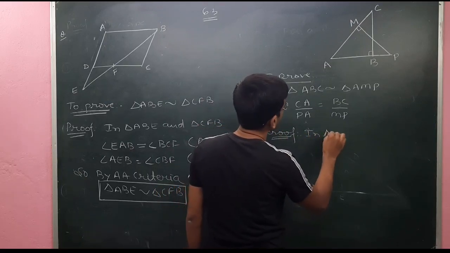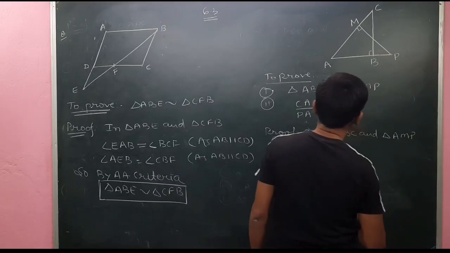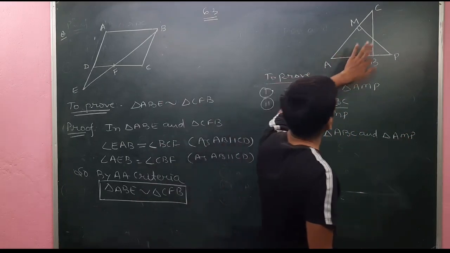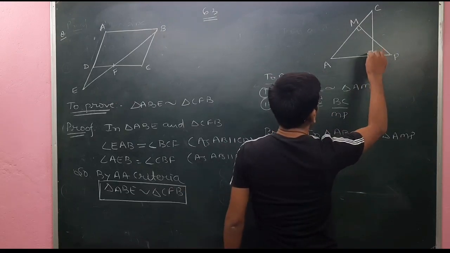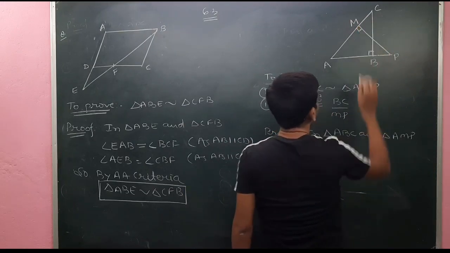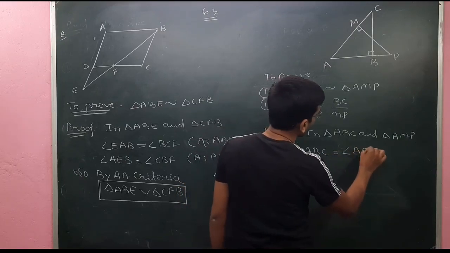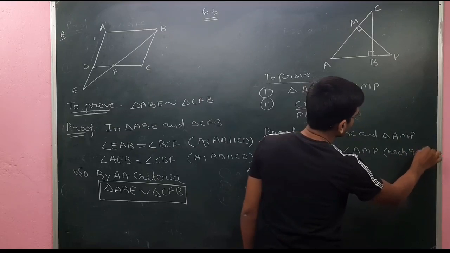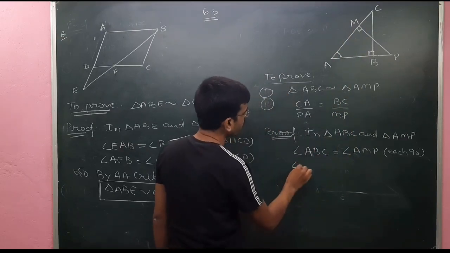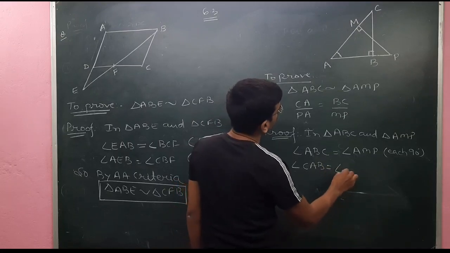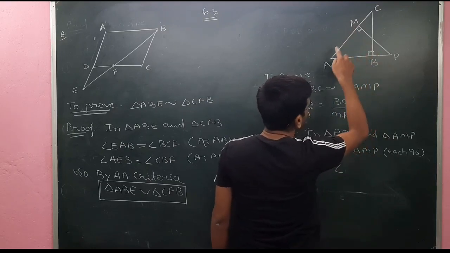In triangle ABC and triangle AMP, meaning this triangle and this triangle, you can see that in both triangles angle B is equal to angle M, each 90 degrees. Meaning angle ABC is equal to angle AMP, each 90 degrees. And angle A is common for both triangles, meaning angle CAB of triangle ABC is equal to angle MAP of triangle AMP.